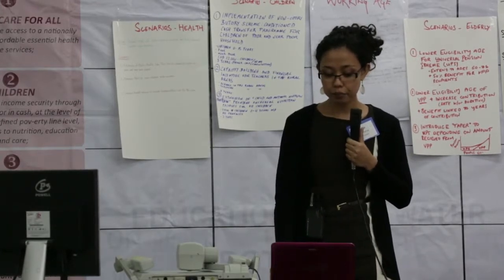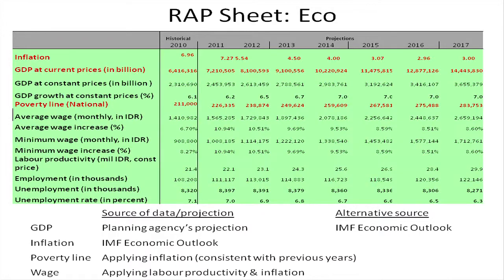Then we have the macroeconomic sheet. I only put here a few, especially the ones in red, that you just need to pay attention to. It is actually a lot longer than that. For instance, for GDP, we have the different sectors, and there are a lot more items there. But for now, let's just focus on these ones.